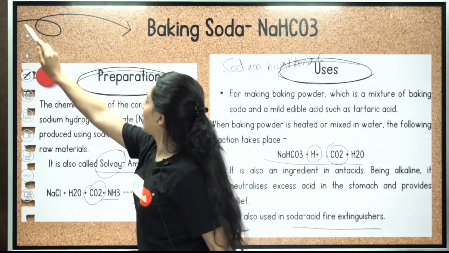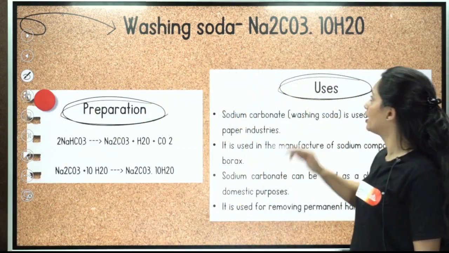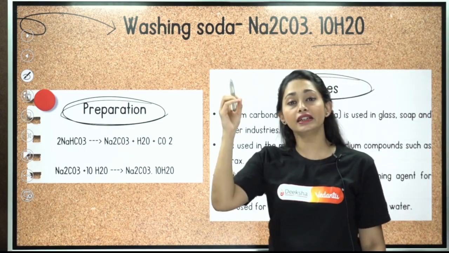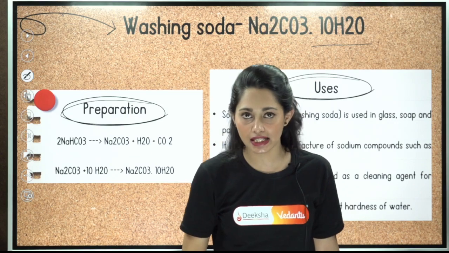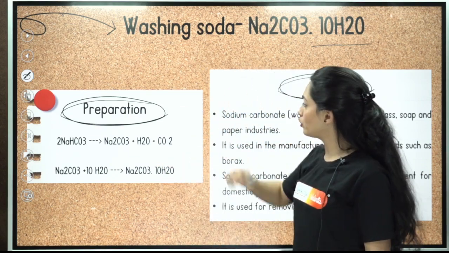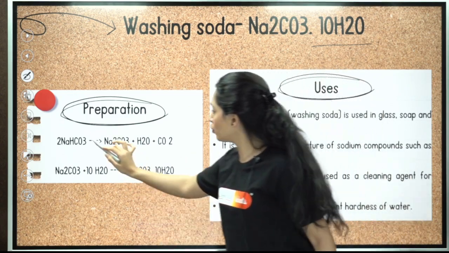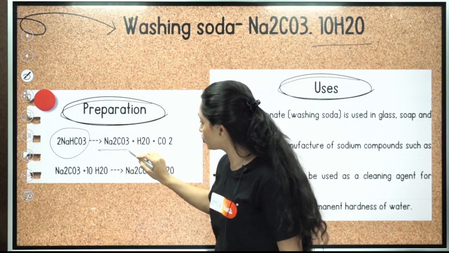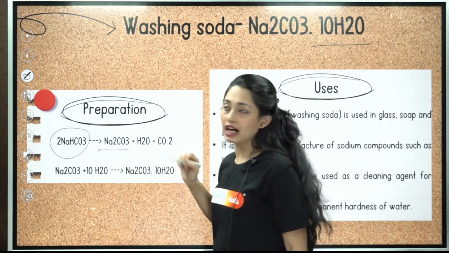Next, we have the next salt, washing soda. This is sodium carbonate decahydrate, Na2CO3 10H2O. Here 10H2O is the water of crystallization. It is an integral part of the crystalline structure. So how do we prepare this? Very simple. We heat sodium bicarbonate, that is baking soda, and we get sodium carbonate, water and carbon dioxide gas.